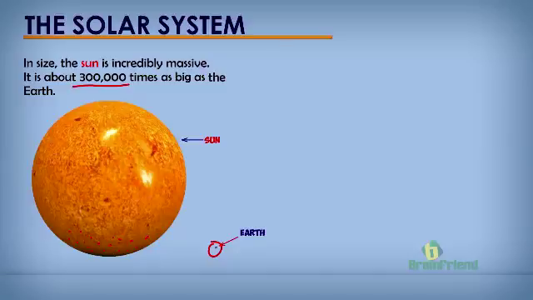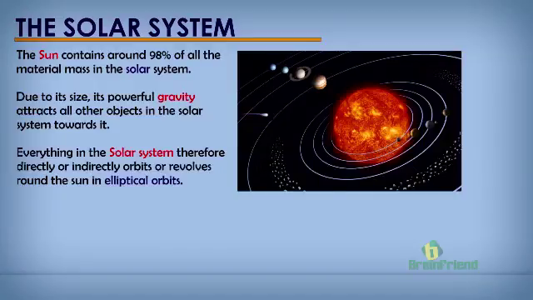That tells us how very large the sun is. The sun contains around 98% of all the material mass in the solar system. Due to the size and density of the sun, it has very powerful gravity that attracts all other objects in the solar system towards it.